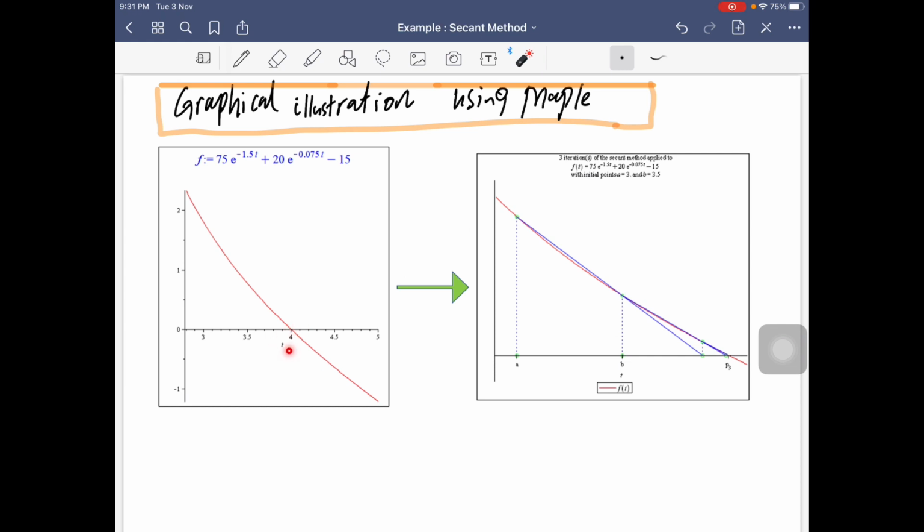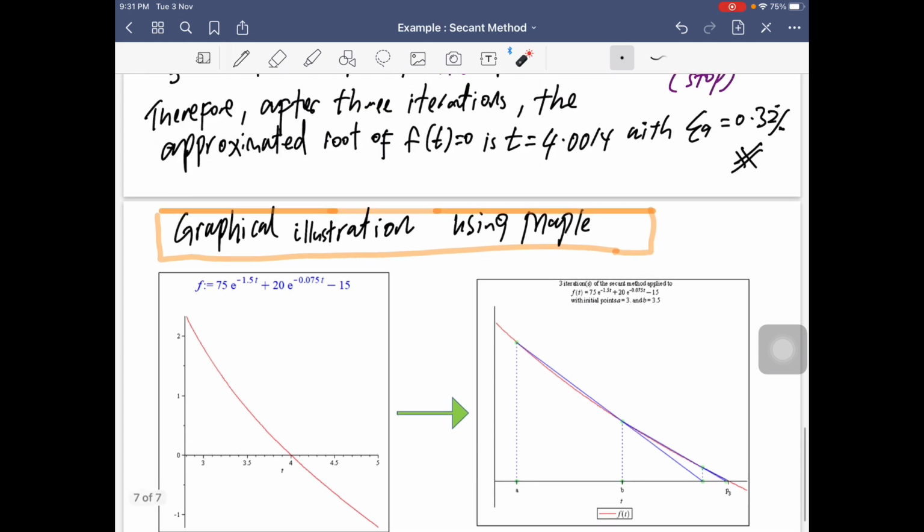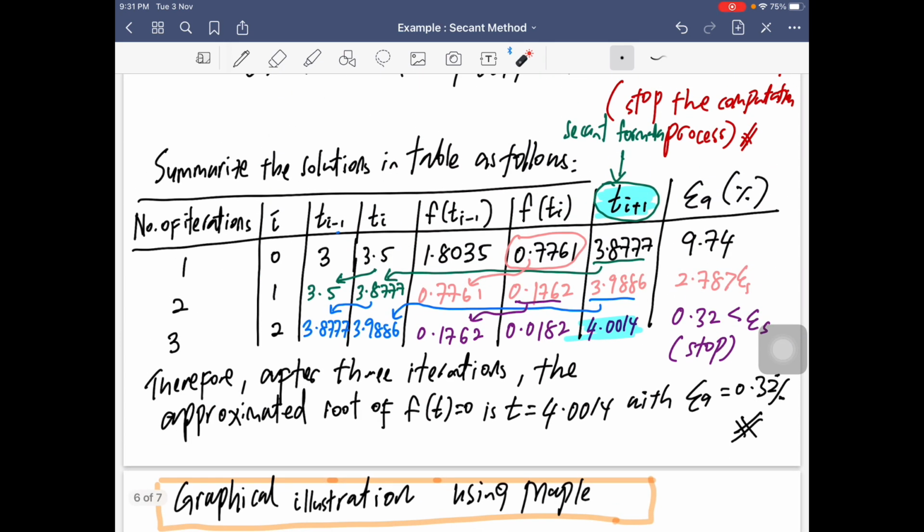From this graph, you can see that the function equals 0 when t is about 4, right? Previously in our solution we obtained the root 4.0014, which means our approximation is very close to the true solution. That's why our approximate relative error also reduced, meaning the solution converges.